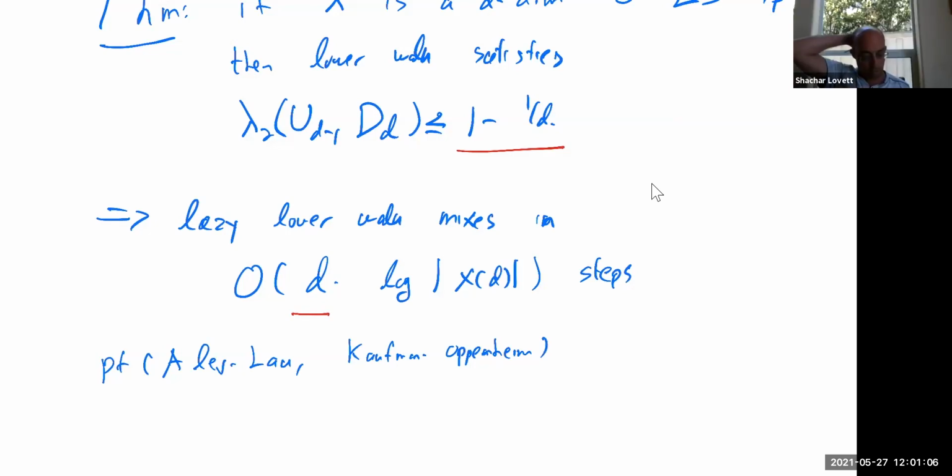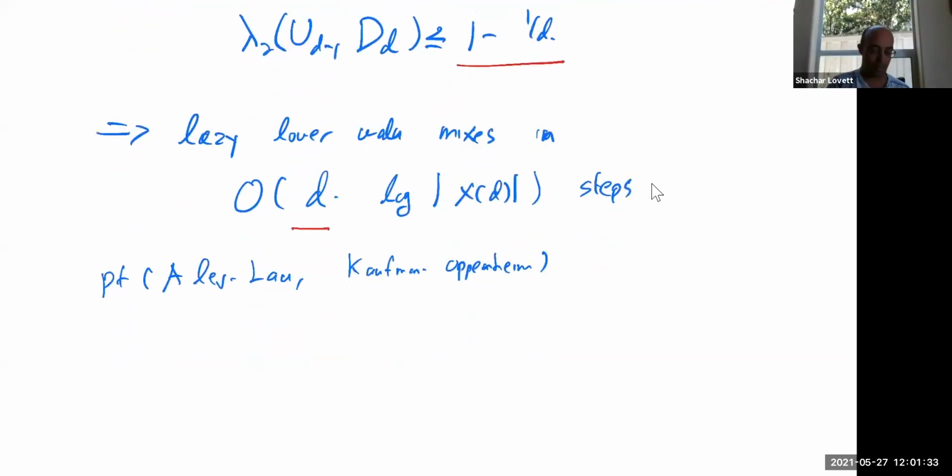But we're going to show the proof of Alev-Lau because, first of all, it's simpler, and also it generalizes to give us even more mixing results we're going to see later, on Thursday. The Alev-Lau proof is almost exactly the same as the proof we did for local spectral versus random walk expanders. Vedant told me that he basically came up with this by reading that paper. Nice. Yeah, it's much simpler, much more streamlined.